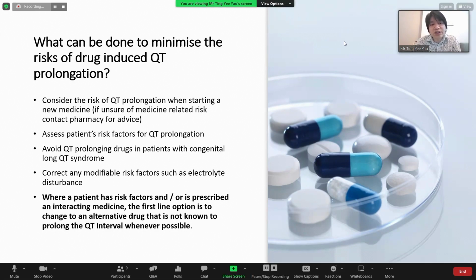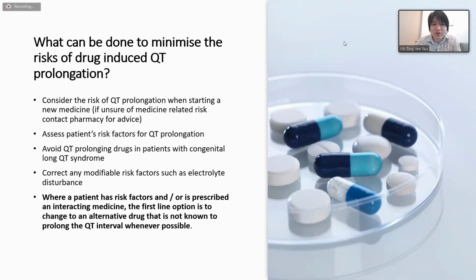So we quite usually do a baseline ECG to look at the QT interval, assess the risk factors for the patient, avoid any other QT-prolonging medication, and avoid starting QT-prolonging drugs in patients with congenital QT syndrome. And if we can correct any modifiable risk, like electrolyte imbalance, then it would be preferable.